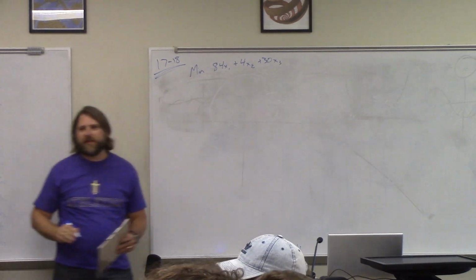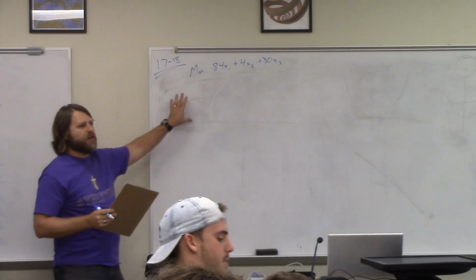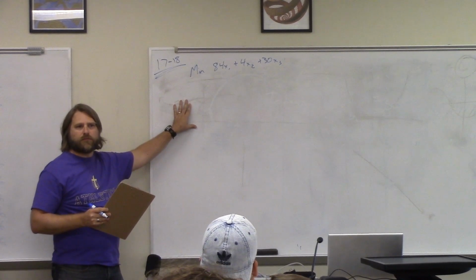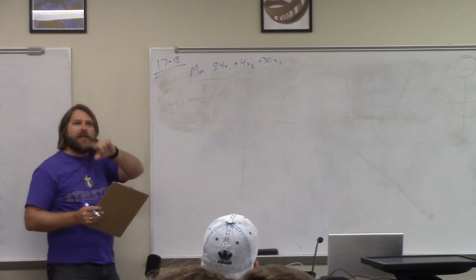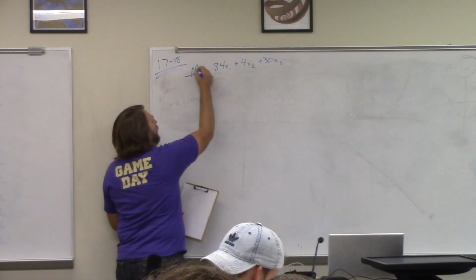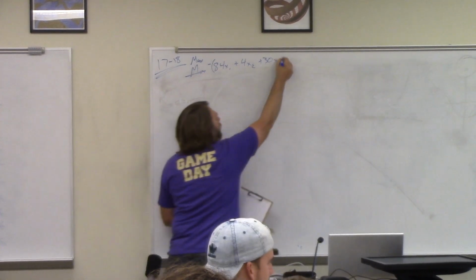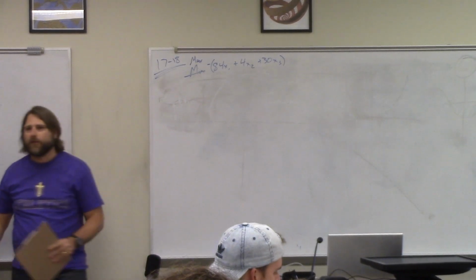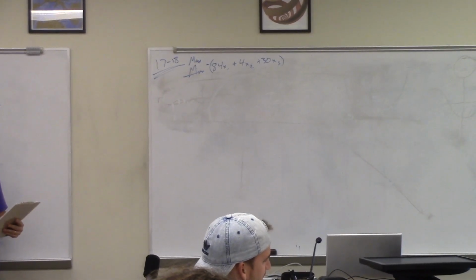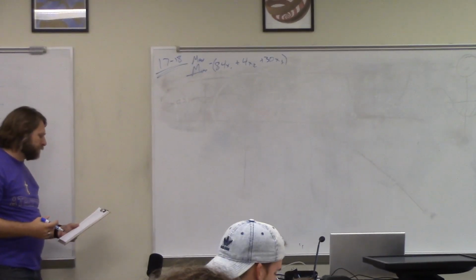What was the first transformation that you need to do to make sure that you were able to do this with the simplex method? Negate it and max. I heard both of those things and they were both right. We're going to treat this as if it's a maximization problem where we negate the whole thing. Right? And then we just follow our steps like we've done before with our maximization problems.